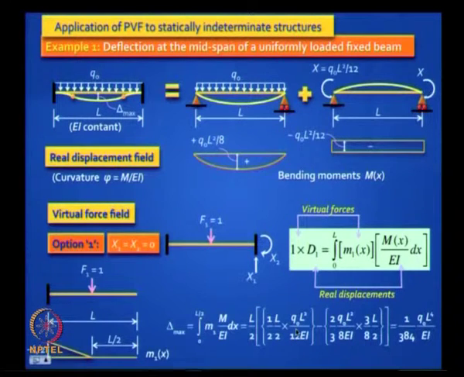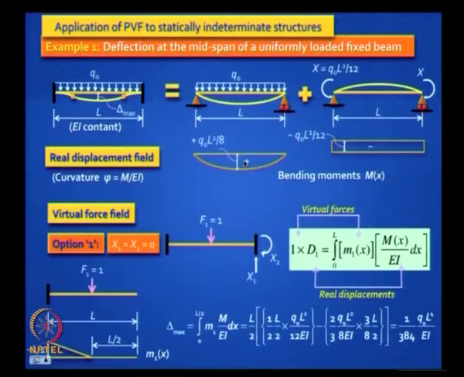Now you must be careful about the signs. This product will be negative because you are multiplying something positive with something negative, whereas this product will be positive because you are multiplying a negative with another negative, clear. Now just check this out. The answer is 1 by 384 q naught L squared L raised to 4 by EI, and just pause for a while and see if the beam is simply supported, what is the deflection at the midspan?